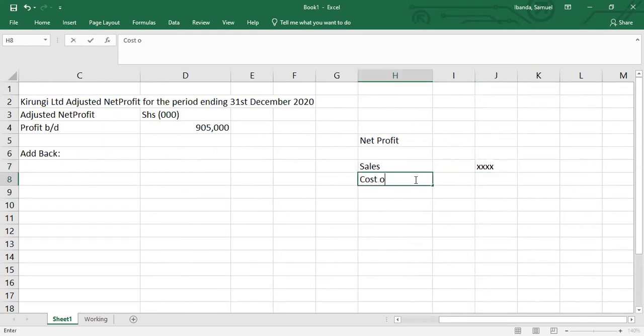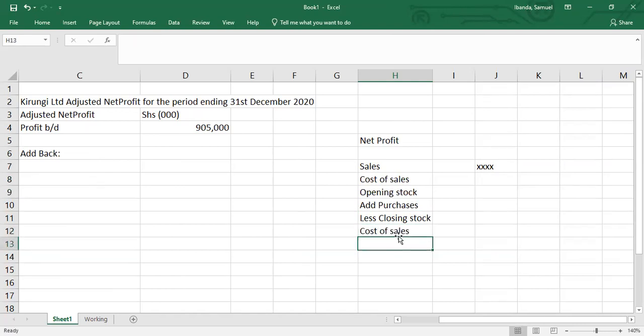Then we have the cost of sales, which has opening stock, and then we go ahead to add purchases, and then we less our closing stock. At the end of the day, we'll have our cost of sales, which will come here and be deducted off this to determine our gross profit.